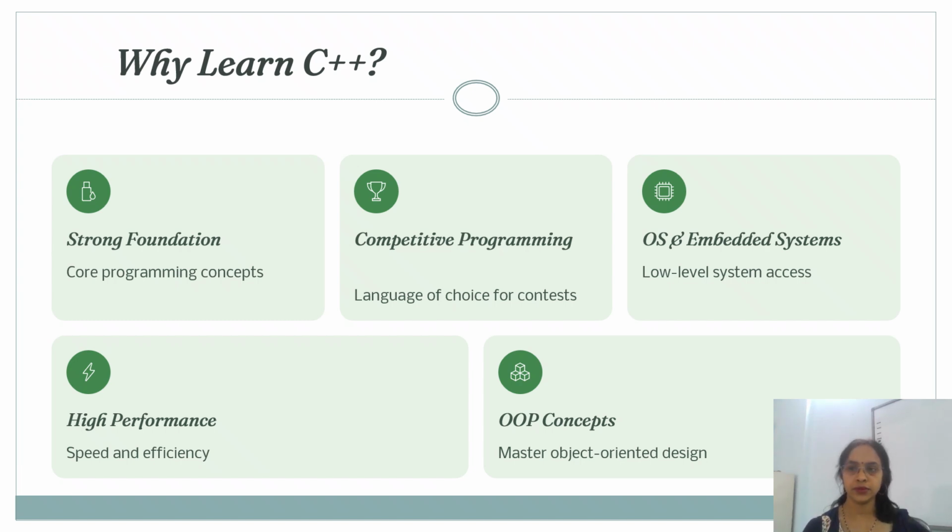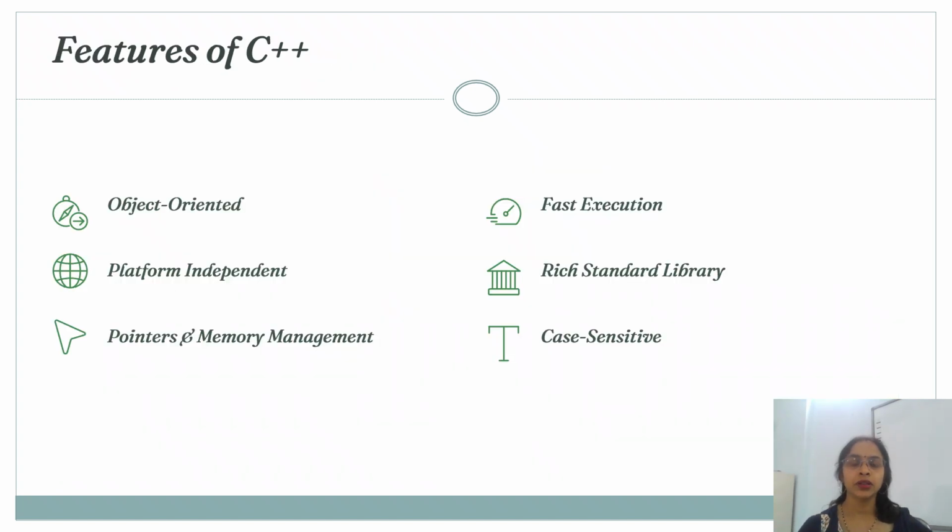So let us study how we develop a C++ program in different editors and what are the basic components or sections of a C++ program. Before starting, let me discuss the features of C++.